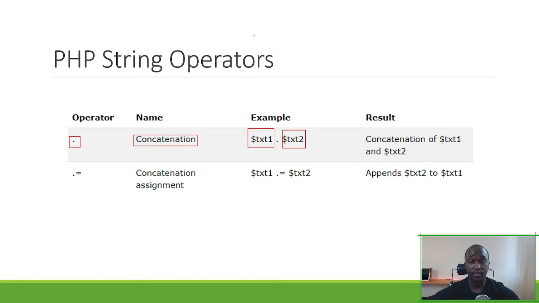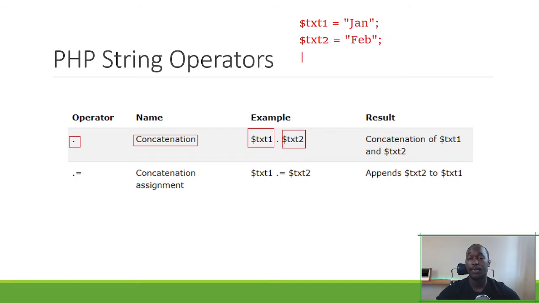For example, txt1 is equal to January, and txt2 is equal to Feb.